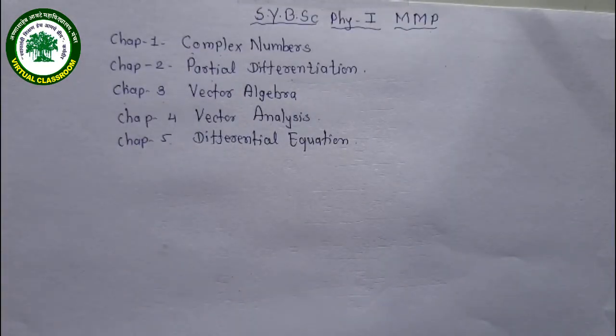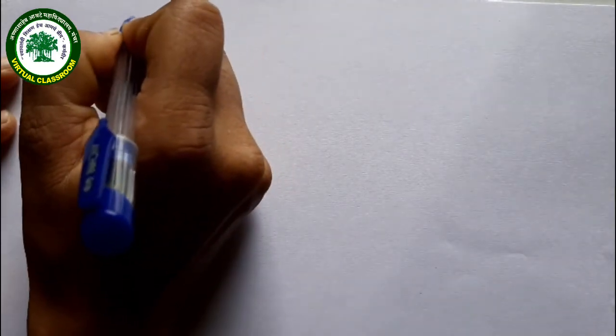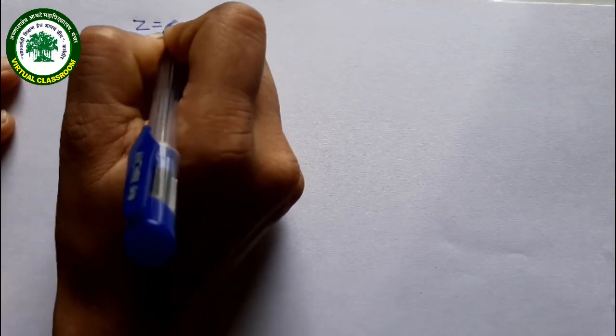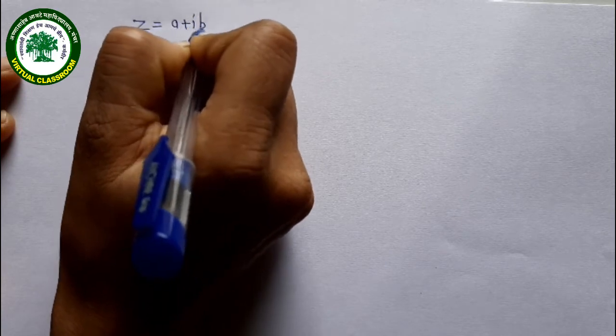For these properties, the first property is that a complex number is represented in two ways. Suppose we have z equal to a plus ib.